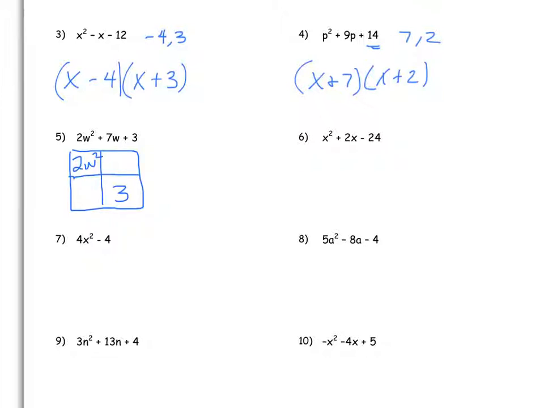Pretty sure that's 6 and 1. So I put a 6w and a 1w in my other ones. Remember, it doesn't matter which box you put those in. You could reverse them, whatever. And then I factor out some GCF. So at the first column, it's w. Second column, it's 3. First row, 2w. Second row, 1. So that becomes w plus 3, 2w plus 1.